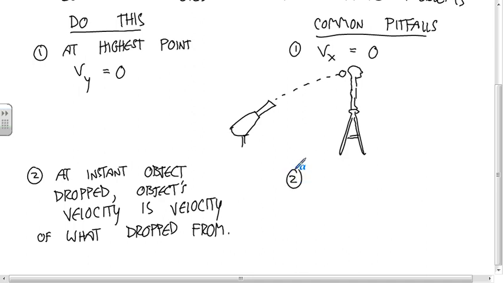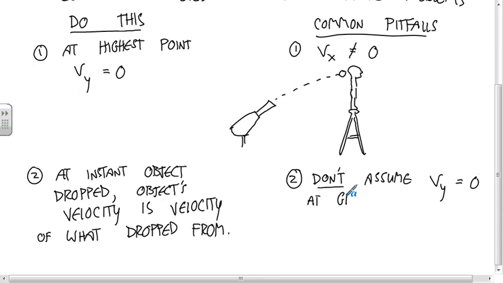Another thing to avoid is, go up here to number 1 on the common pitfalls: make sure Vx is not equal to 0. And number 2, don't assume that Vy is equal to 0 at the ground.